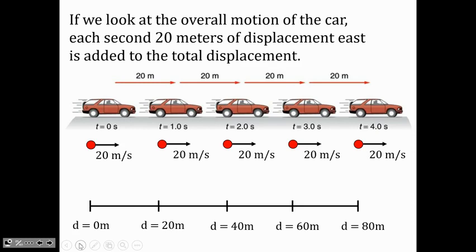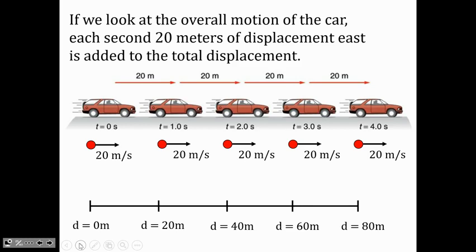And if you add all of that up, every second you add 20 meters of displacement to your total. So if we start at 0 seconds with a displacement of 0 meters, by 1 second, the total displacement is 20 meters. By 2 seconds, 40 meters. 3 seconds, 60 meters. And at the end, 4 seconds, the total displacement is 80 meters.